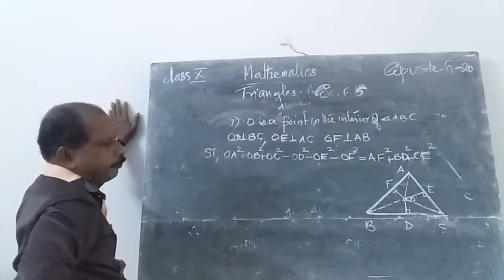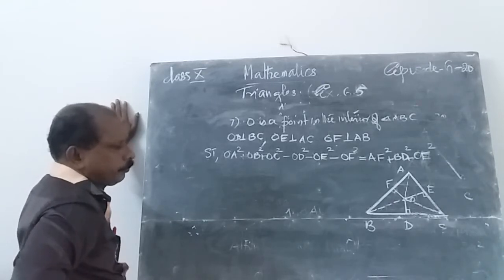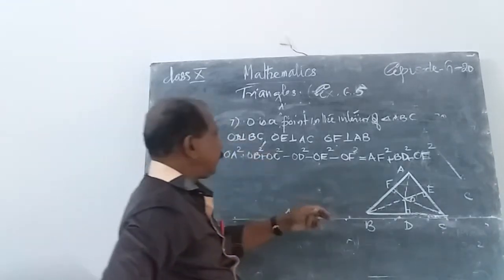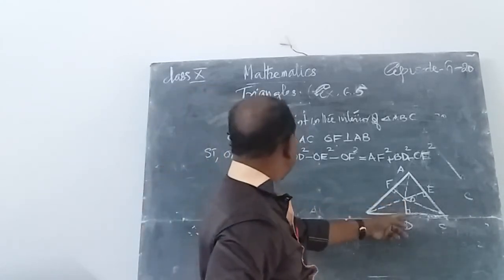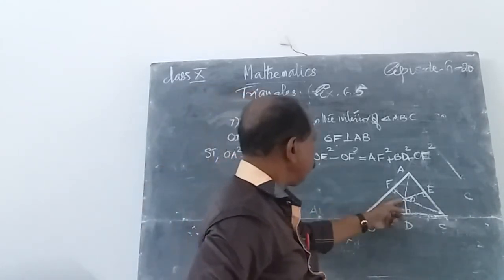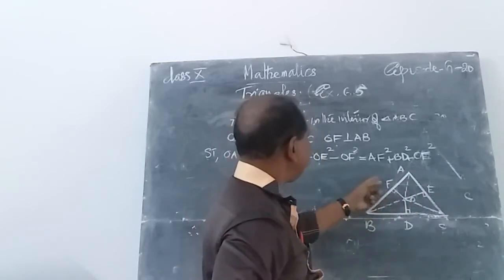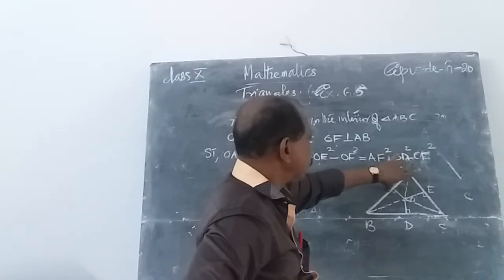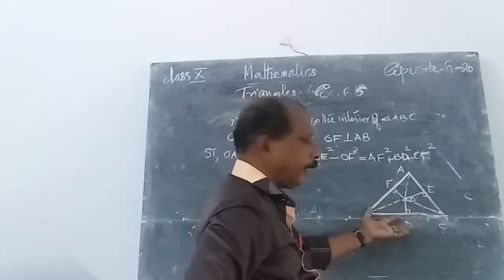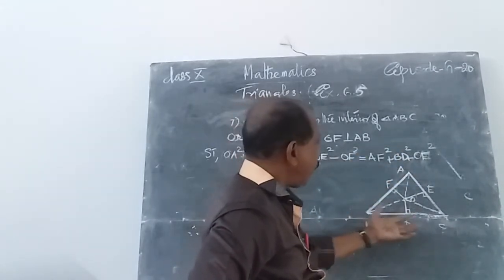Listen. Let us consider OD, OE, OF, then AF, BD, and CE.